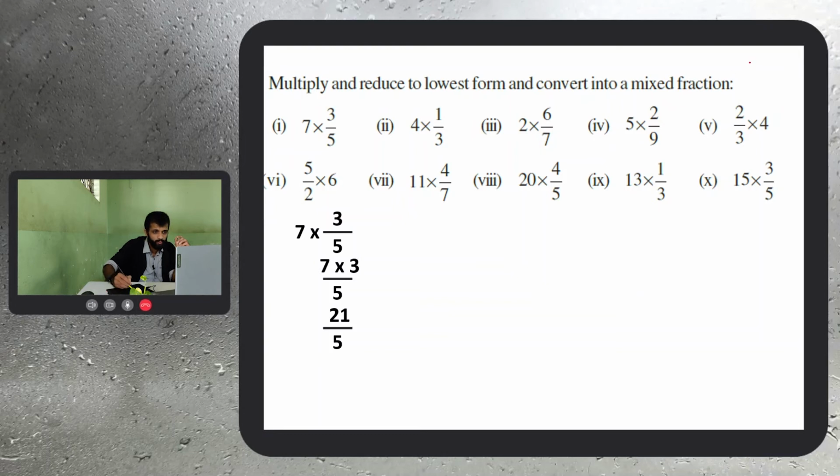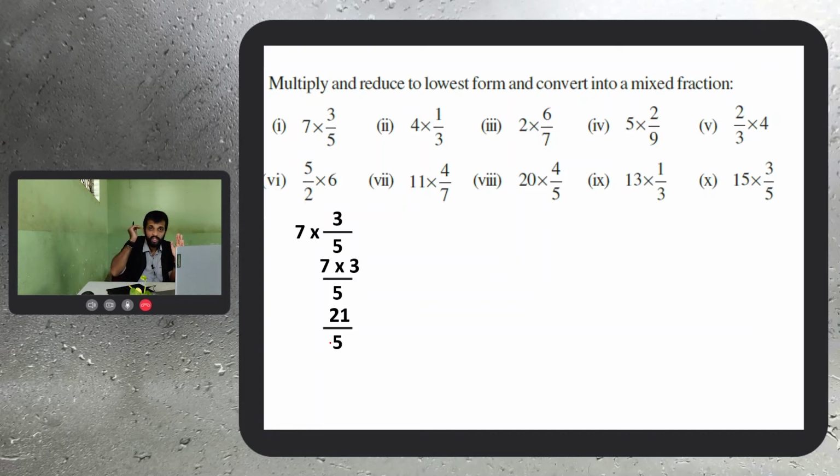So what will I do? Whatever is my denominator, I'll start saying the tables in my mind, up to a point where the number is close to the numerator, not greater than the numerator, but close to it. So 5 ones are 5, 5 twos are 10, 5 threes are 15, 5 fours are 20, 5 fives are 25. Now 25 is greater than 21, so I don't go to 5 fives.